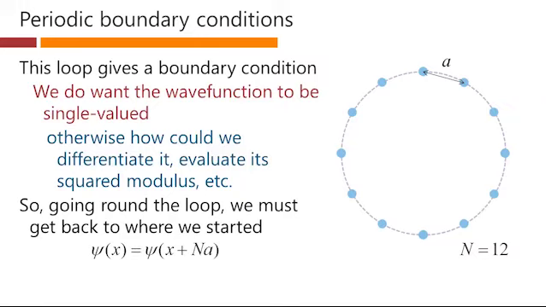So that means that psi of x, the wave function at point x, should be equal to psi of x plus capital N times our repeat length a. That is, if we go all the way around the chain, which is what we're doing here, adding on a distance capital N times a, we're getting the wave function back to where it started. So this wave function should equal that one. And this is called a periodic boundary condition. It's periodic here because we go round a number of periods and we get back to where we started.